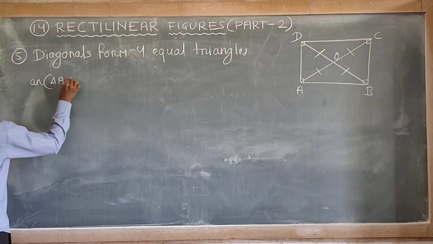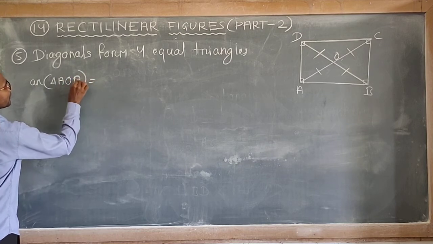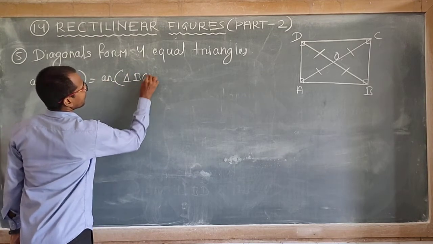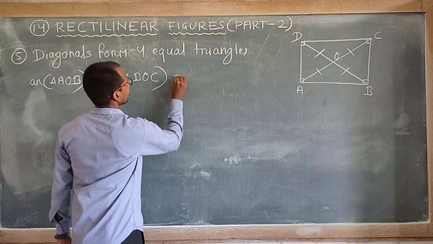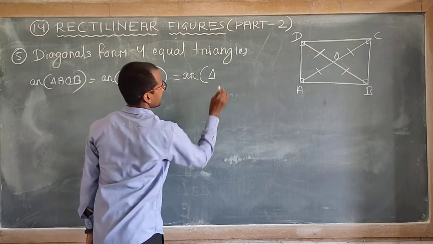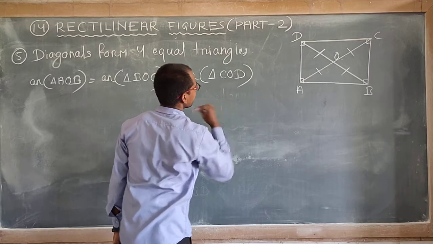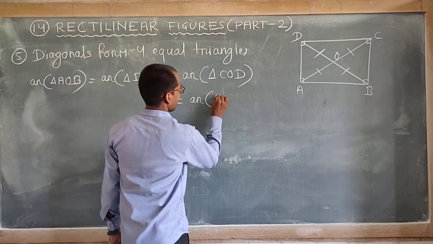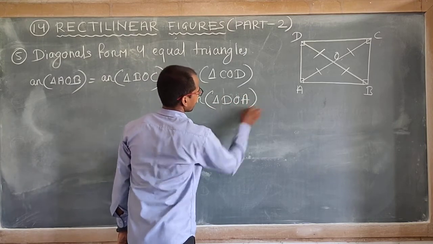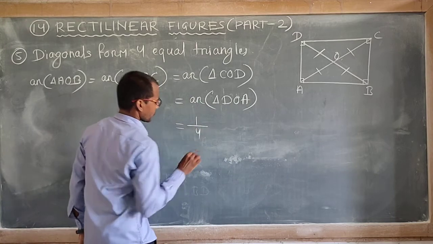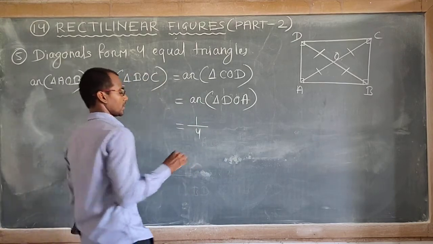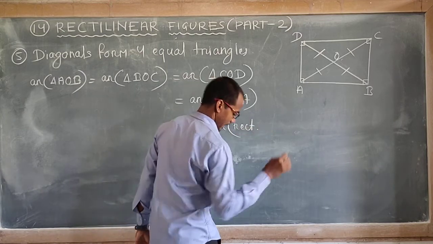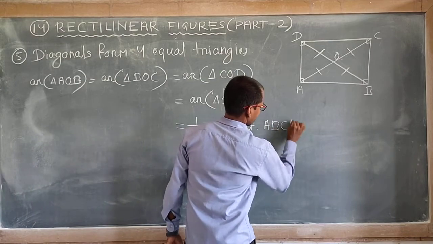So we can say area of triangle AOB is equal to area of triangle BOC is equal to area of triangle COD is equal to area of triangle DOA is equal to 1/4 of area of rectangle ABCD.